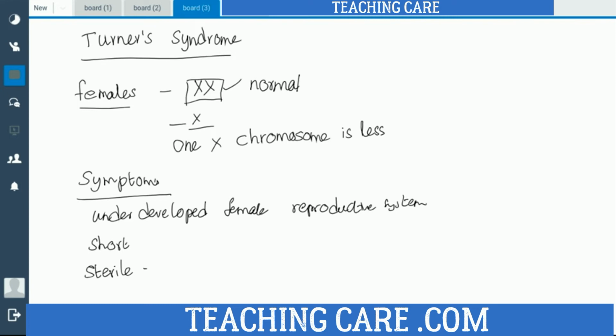But the female who is suffering with Turner syndrome will have one X chromosome instead of two. So one is less, and when one X chromosome is less, it shows some symptoms.